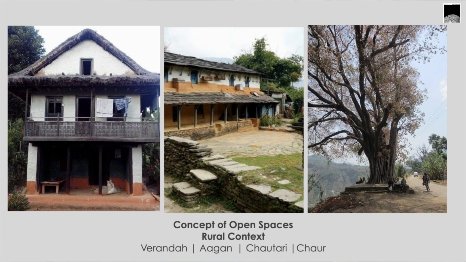Angan spaces in front of individual houses act as shared spaces with close communities and are used for community gatherings and socio-cultural activities. Chautari at community level acts as a shaded resting space while traveling and a natural view deck.